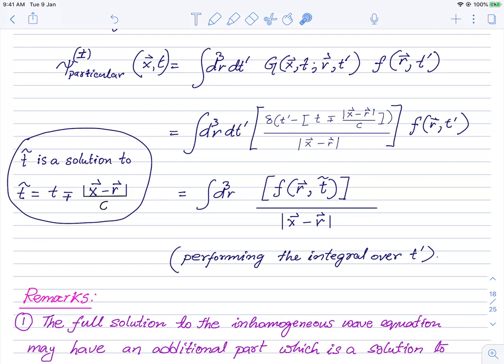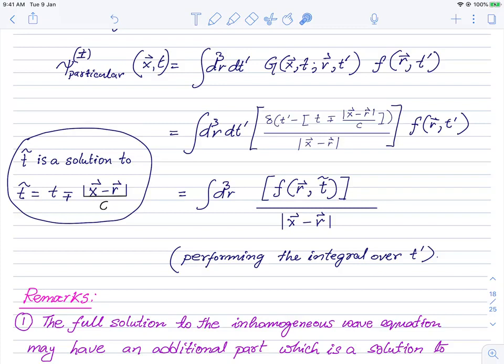In everything that we discuss later, we are only going to keep track of the retarded solution and throw away the advanced solution, under this idea of cause and effect relationship.